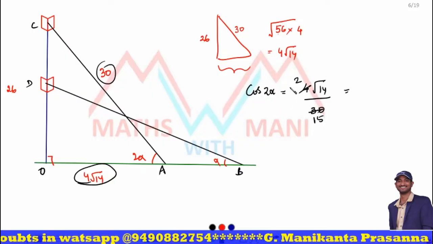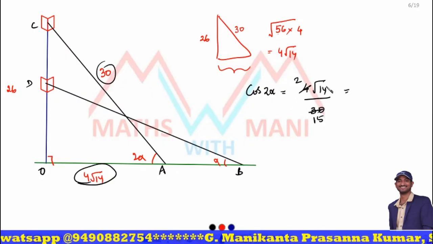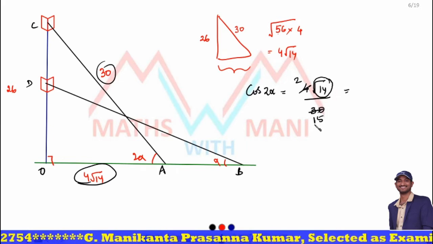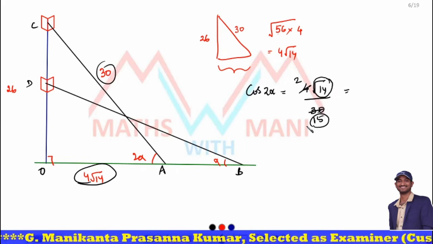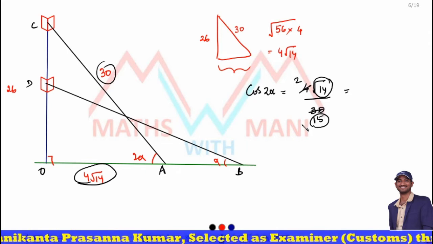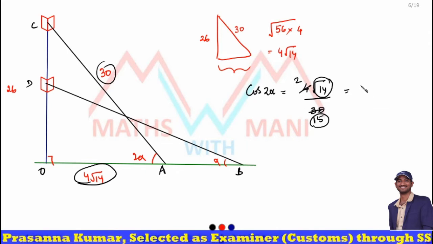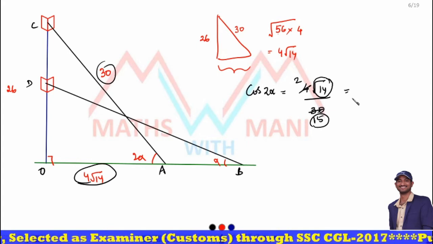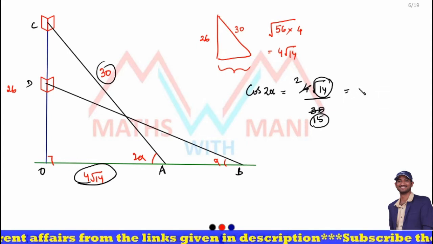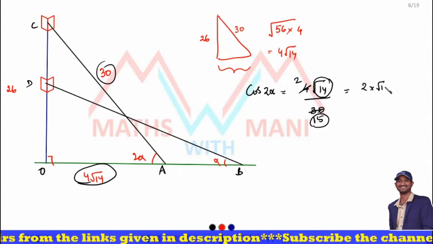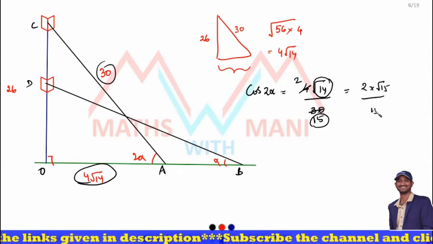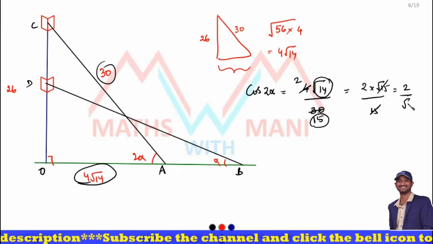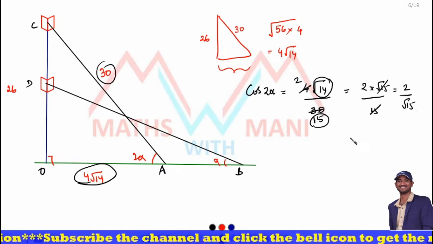If you observe clearly, root 14 and 15, I'll take an approximation. Suppose in place of root 14 we take root 15, then 2 root 15 by 15. That means both cancel and we get 2 by root 15.